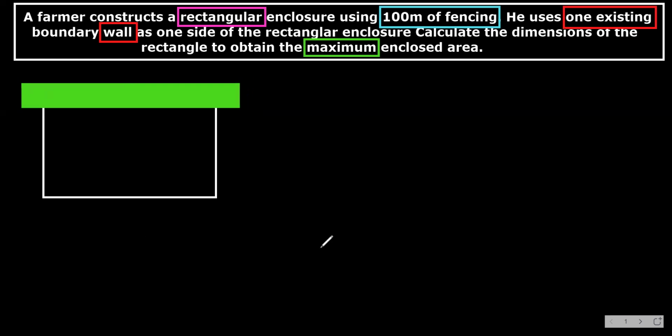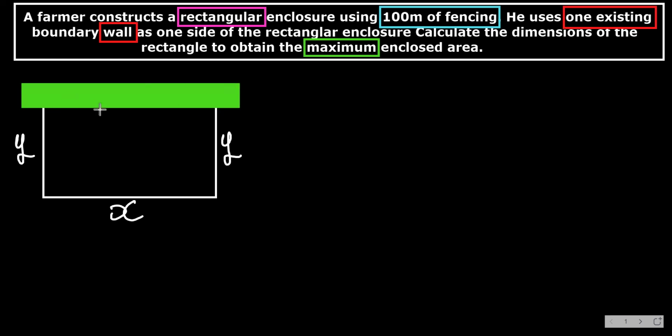Well, that's fine. I like to let the length be x and let the breadth of this rectangle be y. Now, this is the most important thing. Whether this side is being fenced or not, the area is not affected.